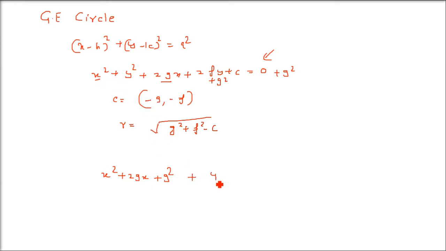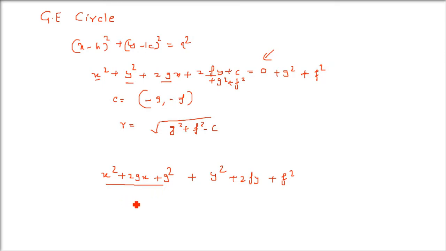Coming to y square, we have y square plus 2fy. Now what about the third term, f square? It's not there. So if I add f square on the left, we have to add f square to the right also. So the y term is also done.